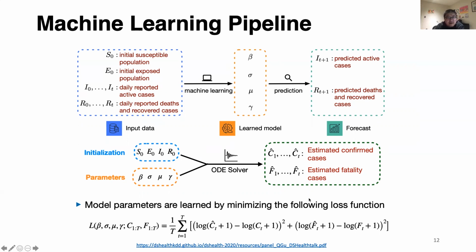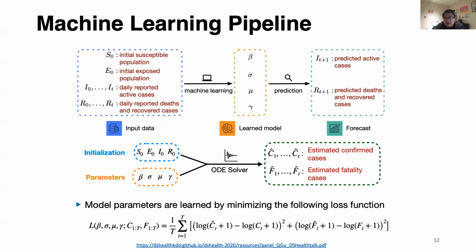I'm sorry, here this F should be R. So I_t and R_t denote the number of reported infected cases and removed cases at time t, and P is some smoothing parameter used to ensure numerical stability.